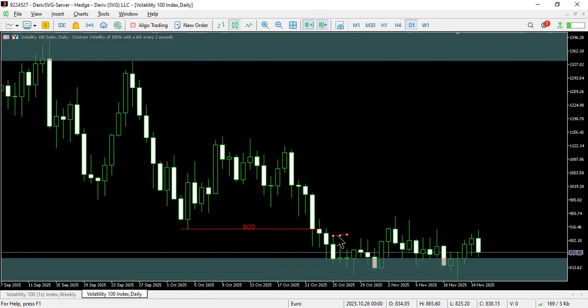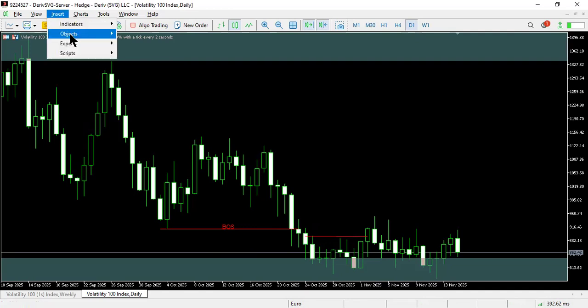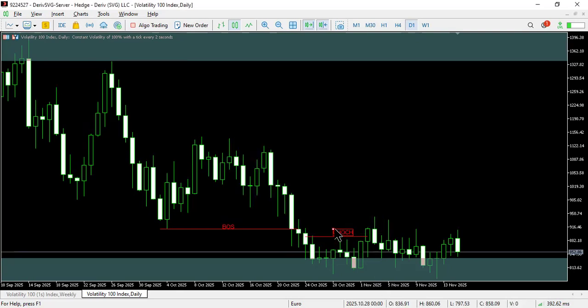The change of character happened here. That is the change of character to indicate price reversal.